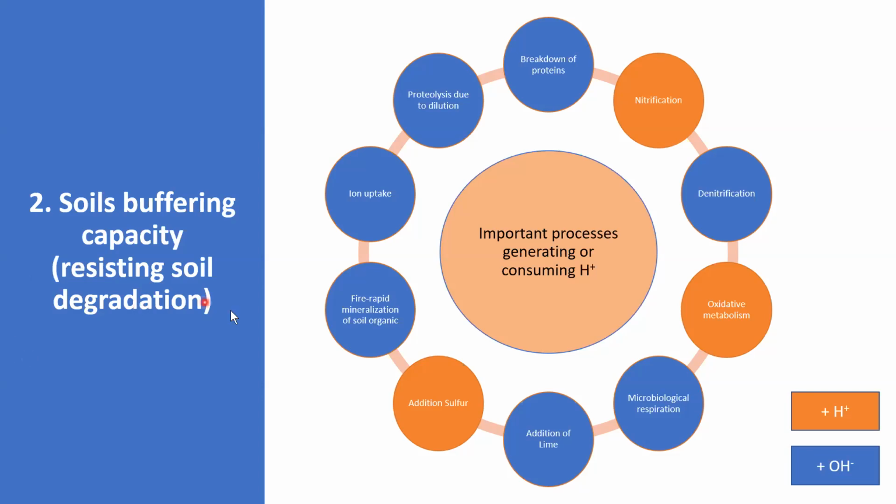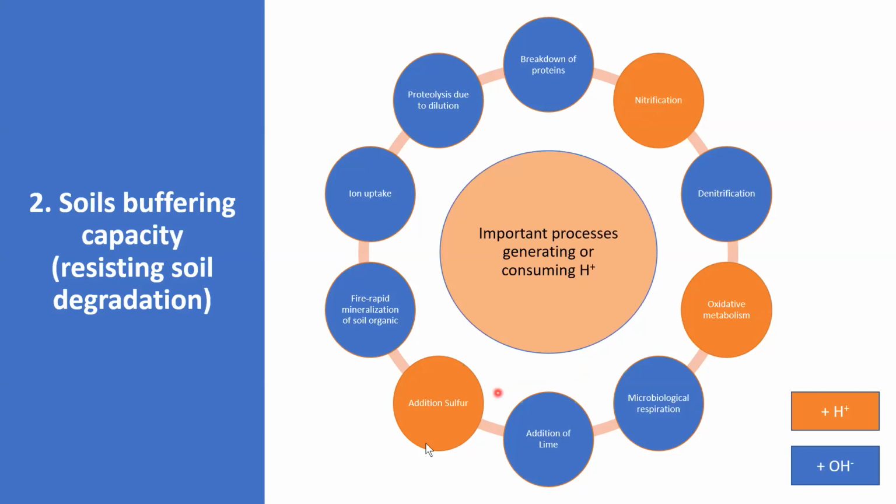If we look at the different functions or reactions in the soils which are involved in the acidification and alkalinization of the soil, just to have an idea, these may affect the soil pH.